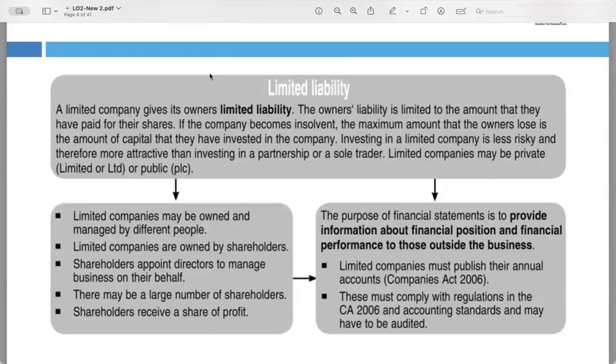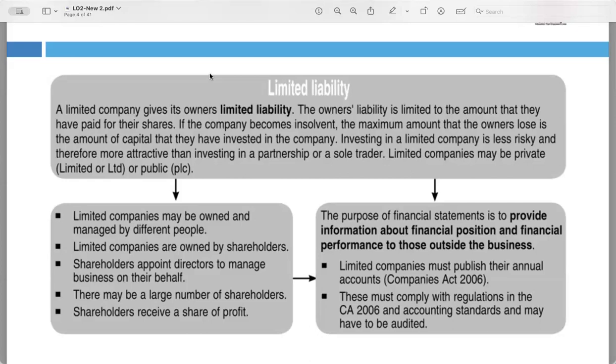A fundamental characteristic of limited companies is limited liability, providing a significant advantage over sole proprietorships and partnerships. In a limited company, the liability of the owners, the shareholders, is restricted to the amount they have invested in purchasing shares.